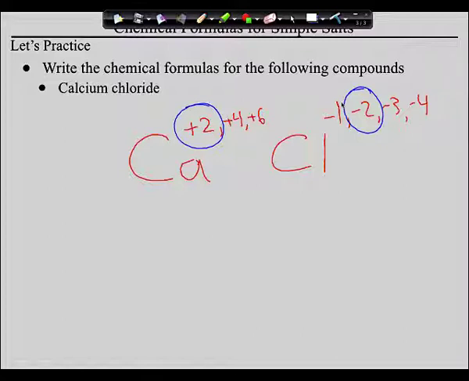Now, guys, watch. This is important. How many calciums do we need to have a charge of +2? We just need 1. Now, how many chlorines do we need to have a charge of -2? We need 1, 2, so we need 2 chlorines. Now we're ready to write the formula, and it goes like this. We need 1 Ca, and we need 2 Cls.